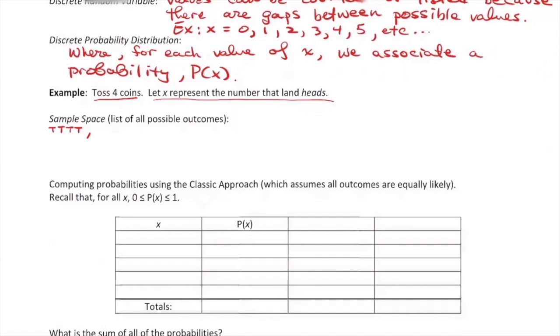You could get 1 head. That could be HTTT, or tail, head, tail, tail, or tail, tail, head, tail, or tail, tail, tail, head. So all of those are with 1 head. I'm going to highlight those together.